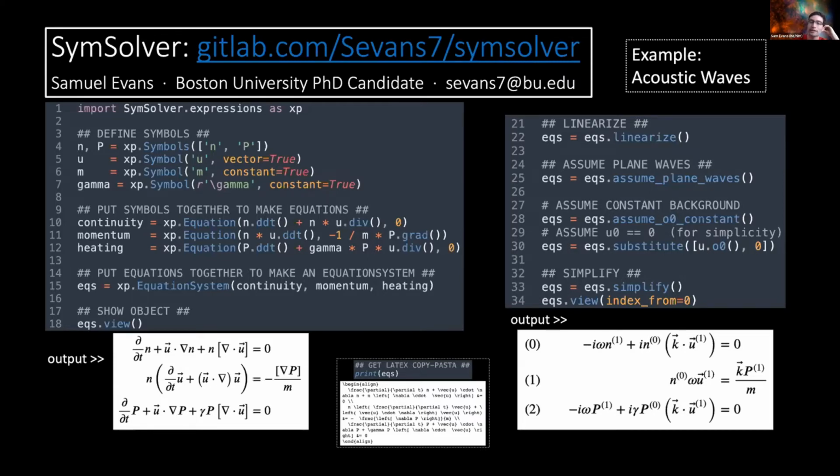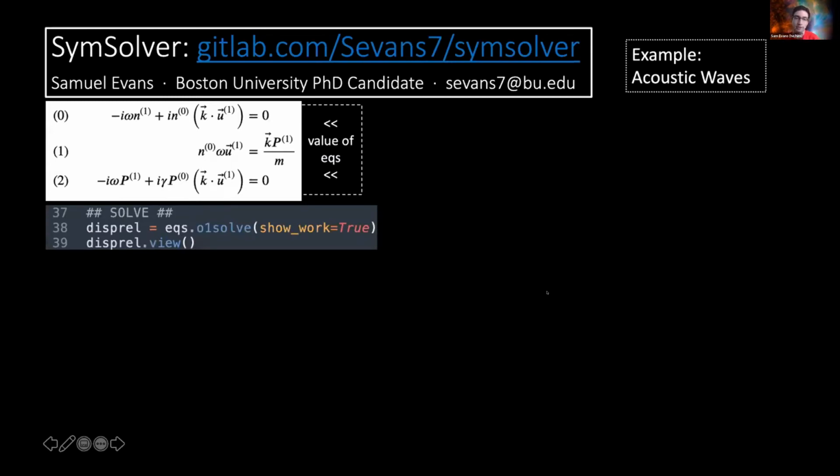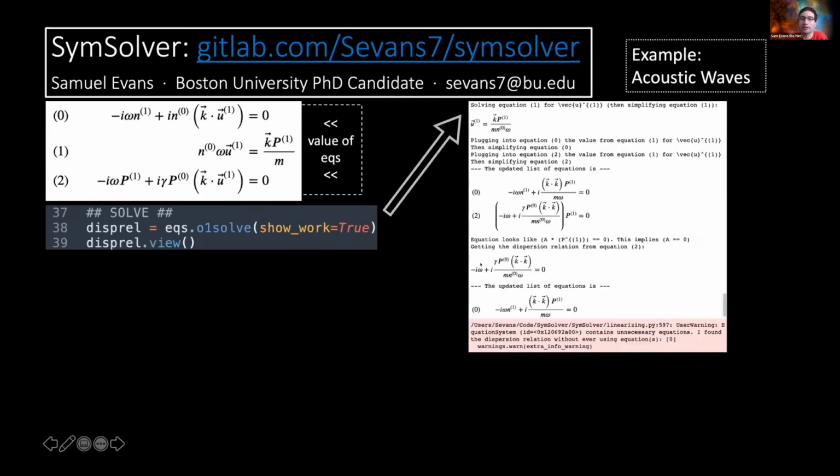So taking those, we can ask my code to solve that system of equations. You can ask it to show its work or hide that work. But if you show your work, you'll get something like this.